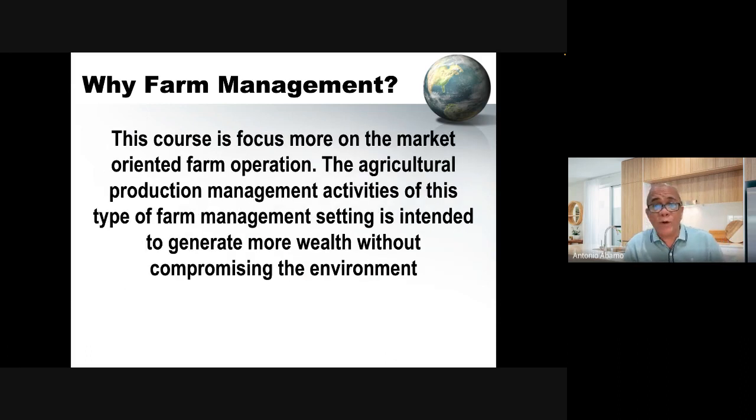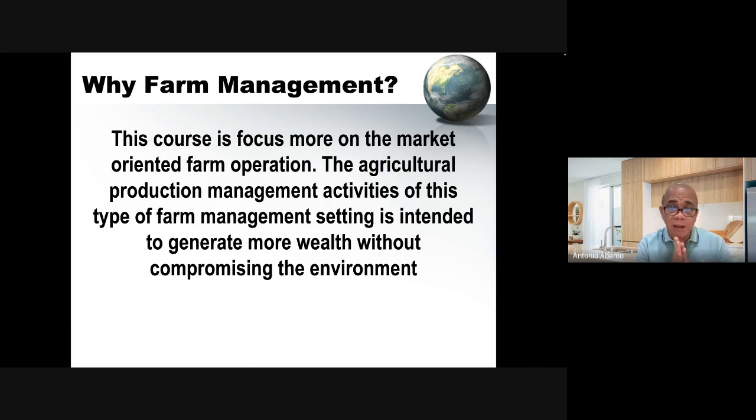Now, this course is focused more on the market-oriented farm operation. The agricultural production management activities of this type of farm are intended to generate more wealth without compromising the environment.